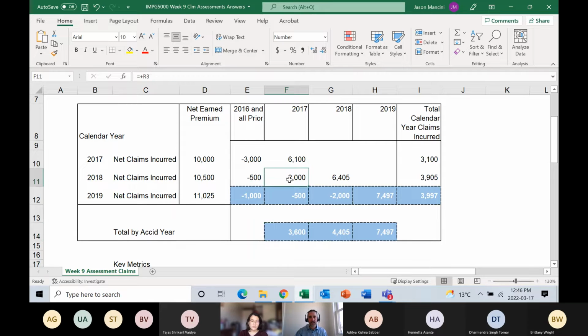But it took us 3 calendar years to get to that point, and it might still develop for more years as well. Okay, so that's the idea of how to think about it and why a company is going to have prior year development, whether it's favorable or unfavorable, because so much of it in the current year is just an estimate based on the actuarial reserves.